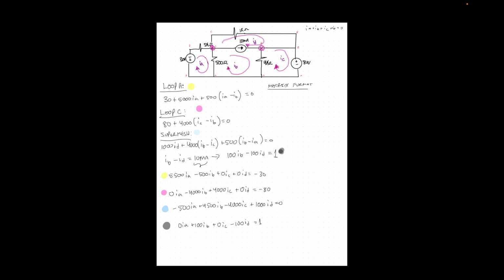For the matrix format, I'm going to have my IA, my IB, my IC, and my ID for all 1, 2, 3, 4 equations. And I'm going to model it like so, where I have IA, IB, IC, ID. Let me go ahead and shrink this so we have more room.